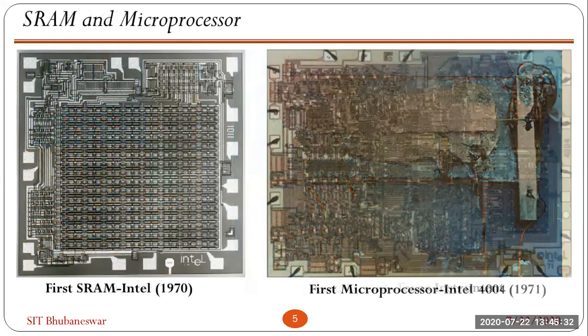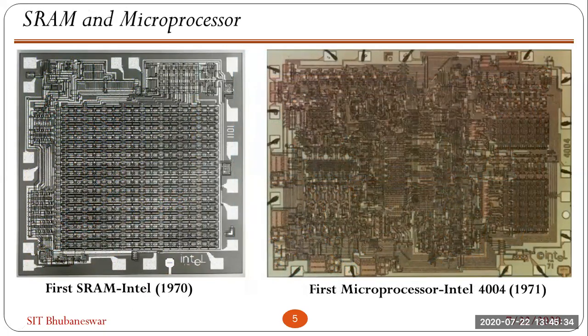Next, in 1970, this was the first SRAM, a 256-bit SRAM. You can see 16 rows and 16 columns.